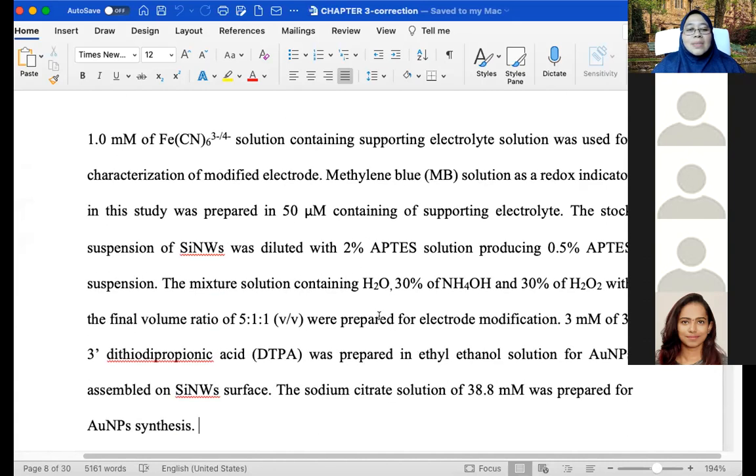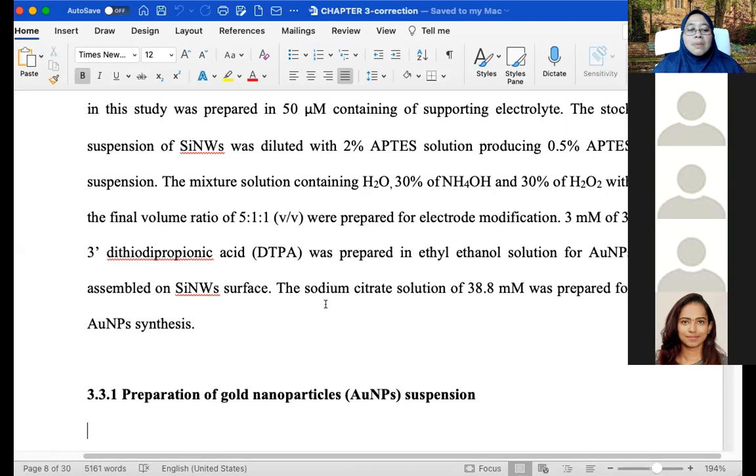All right, you can see that when you say, for example, 30%, you have to tell whether it is volume per volume, or mass per volume, or mass over mass percentage. And the names of the chemicals must be correct, the units must be correct. Okay.